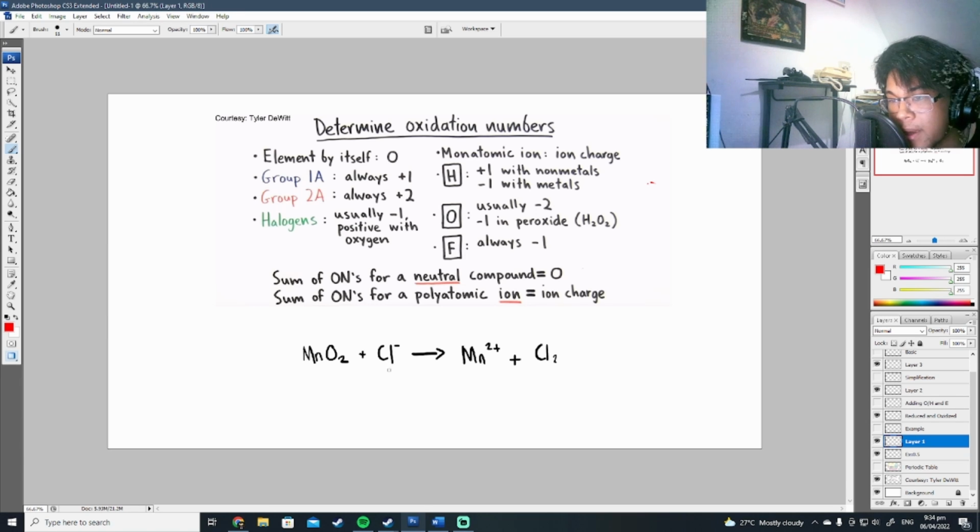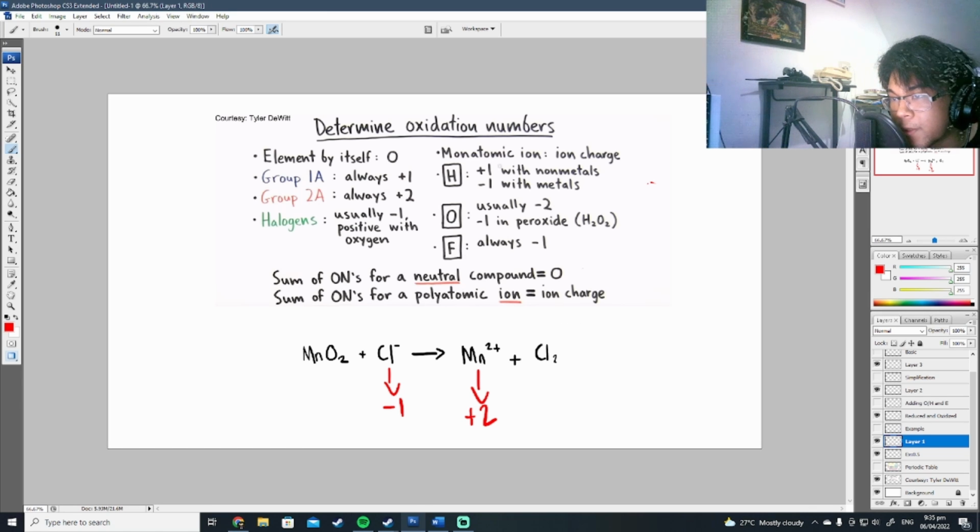Meaning, chlorine here, for example, will equal -1 because it contains the negative in the superscript. And in this example right here, manganese will equal positive 2 because, like I said, there is a positive 2 charge on the manganese. So positive 2. These are the oxidation numbers for our monatomic ions.